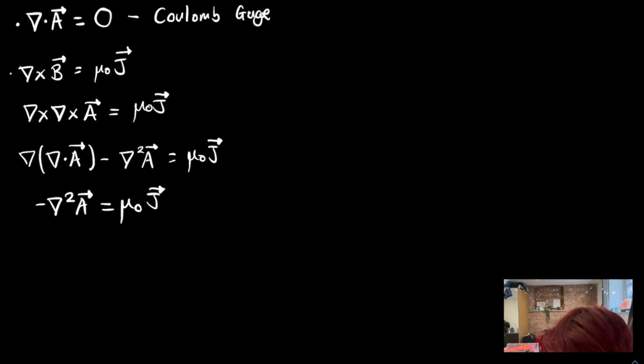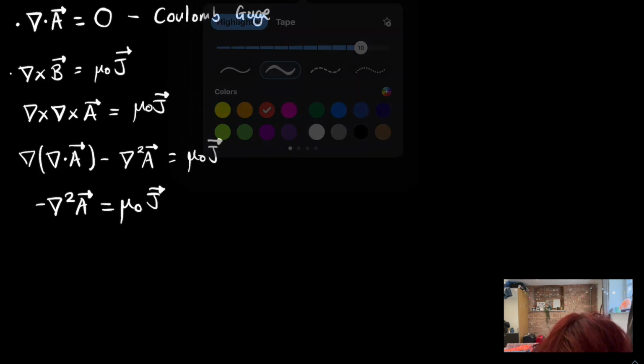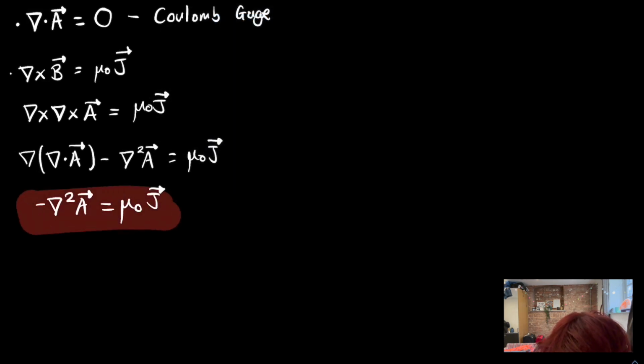And so we have this result, which is pretty much what we got for the electric case, where we of course had the Laplacian of a potential is equal to a density right here. And that was made possible by the fact that we chose this term right here to be equal to 0. This divergence of A is equal to 0. And so this right here is another Poisson equation.